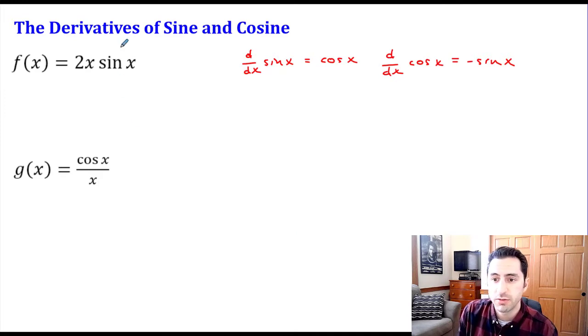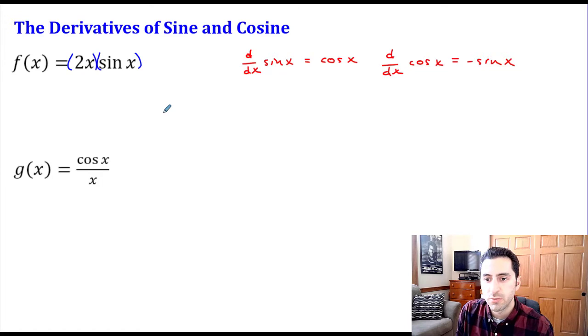So I have a function f of x, and this is equal to 2x times the sine of x. So I have two different pieces here. I have 2x, and I'm multiplying that by the sine of x. So I'm definitely going to need to use the product rule to find the derivative. So why don't we just write the product rule down just so we remember.